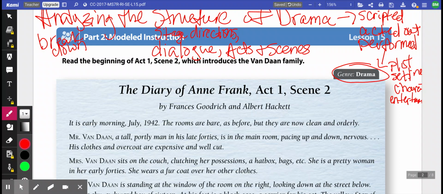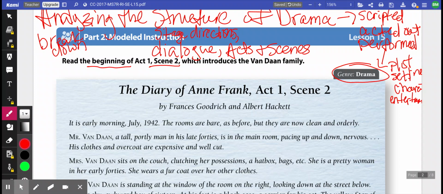So now we got to read our instructions, and it says we're going to read the beginning of Act 1, Scene 2. So that's letting us know we're no longer with where we were before. We're changing something because the scene changed. Okay.